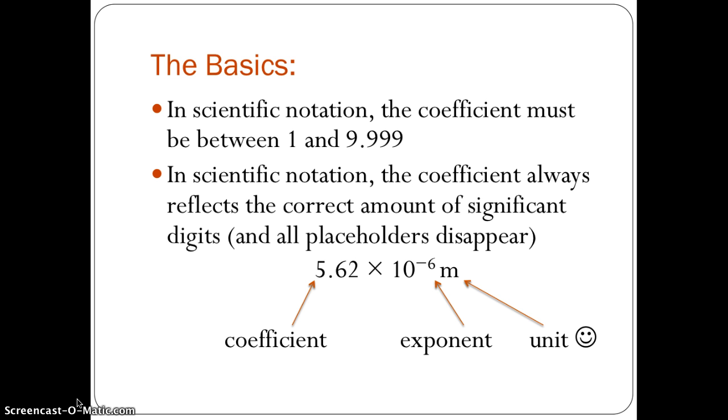Now, we always want to write that times sign in the middle of our coefficient and our exponent. And then our exponent, we always want to put 10, and then our negative or our positive exponent. And in chemistry, since we're mostly dealing with measured values, we're always going to use a unit, so we have to learn to manipulate those units.